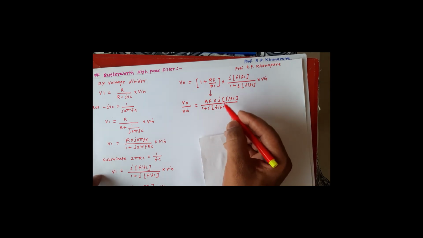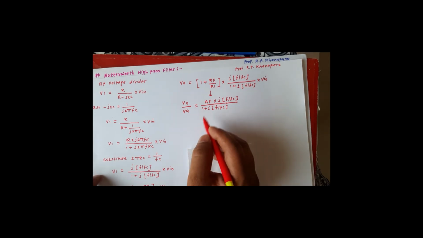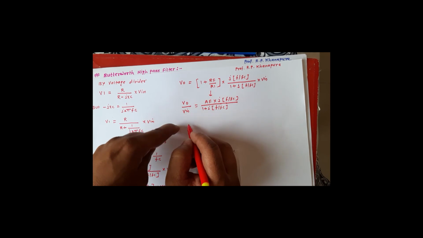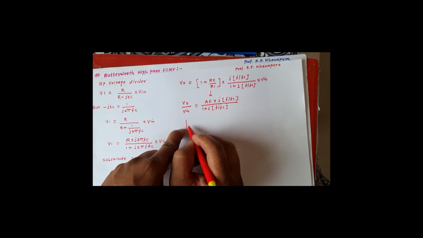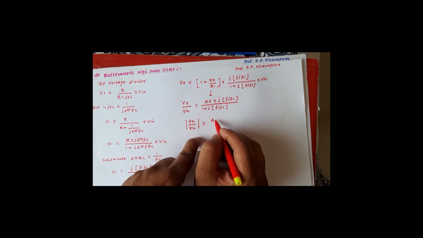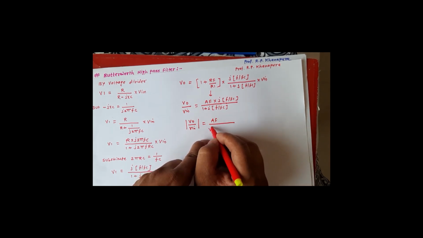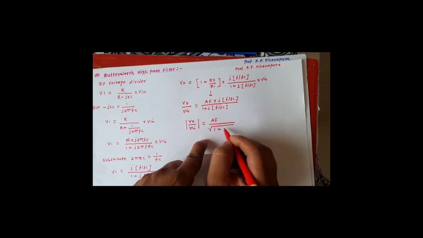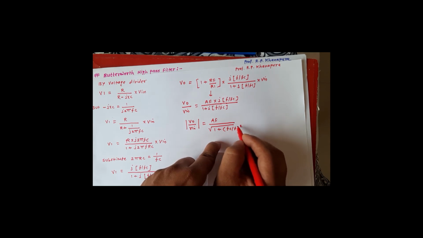Next we have to find the magnitude of the filter gain. To find the magnitude, we have to take this equation in magnitude and phase angle form, that is V0 by Vin is equal to AF upon root of 1 plus (fc by f) squared, right?